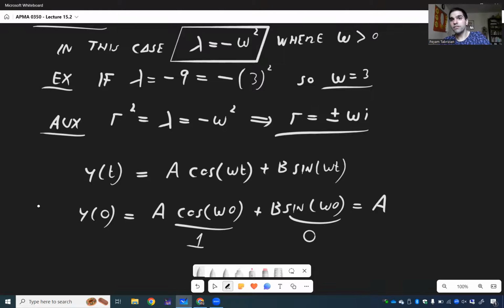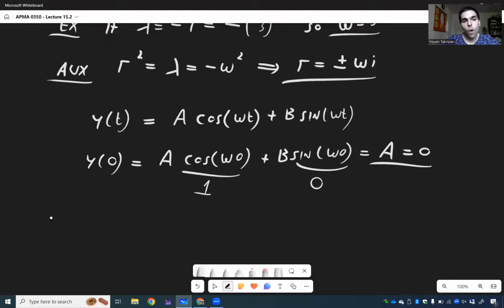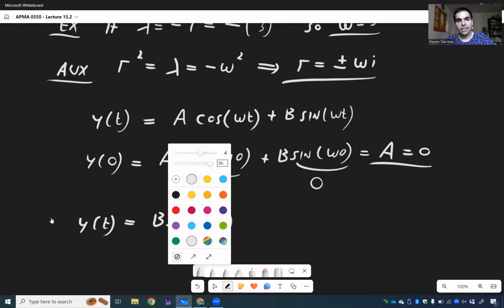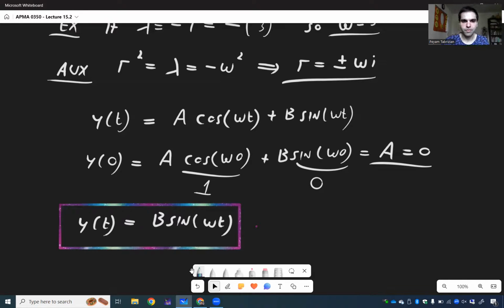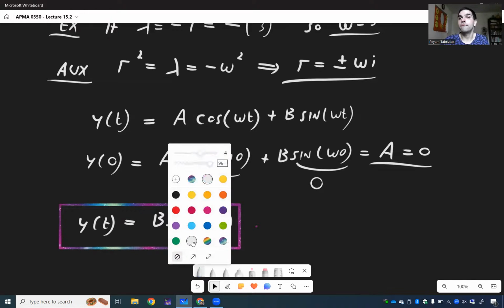But remember, y of 0 is 0. So this gives you a equals 0. And therefore, y of t is b sine of omega t. And let's box this, because you will see in a second this will be extremely important. Not quite clear why, but in a moment.